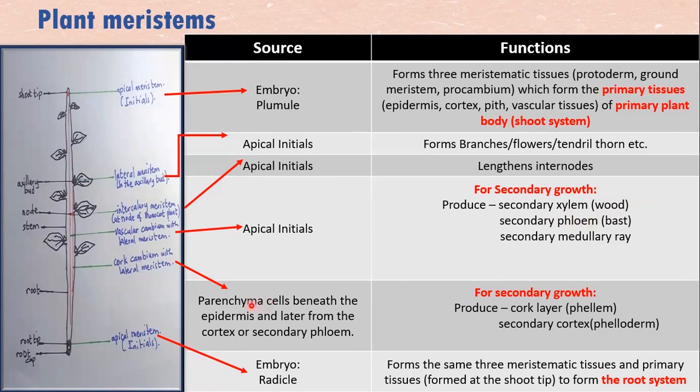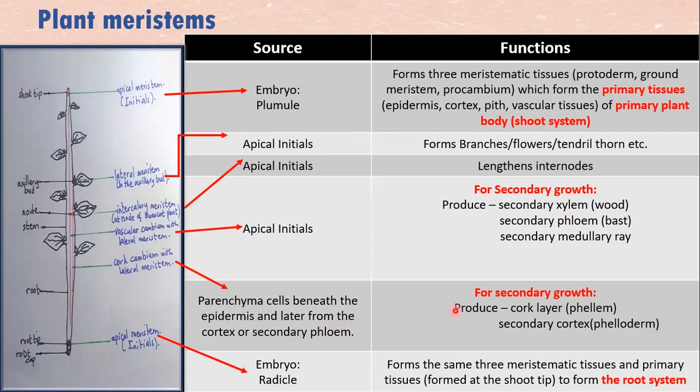Then we have the cork cambium, also a lateral meristem. The cambium is produced from parenchyma cells beneath the epidermis, and later from parenchyma cells in the cortex, and also secondary phloem, later on as the plant grows.